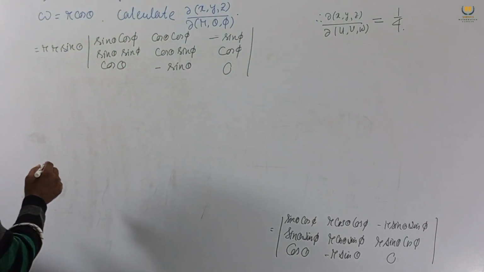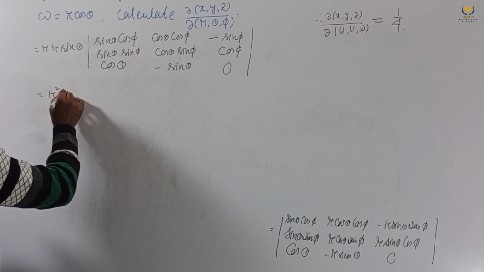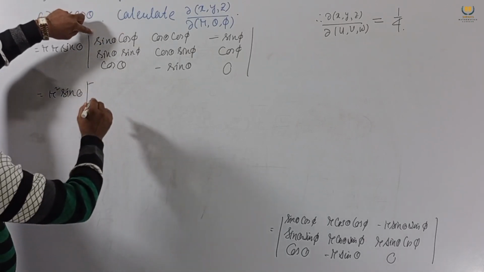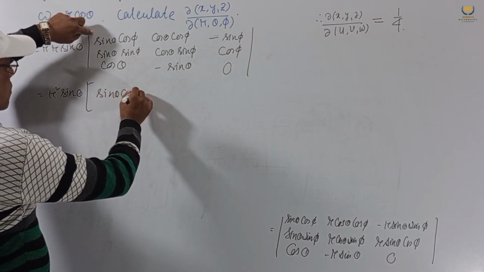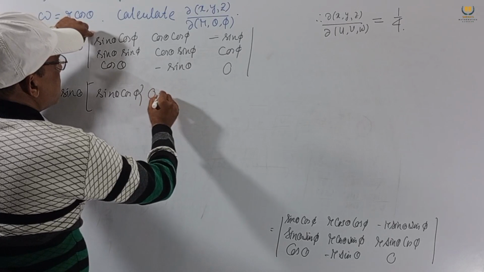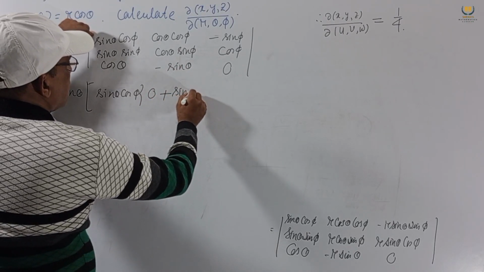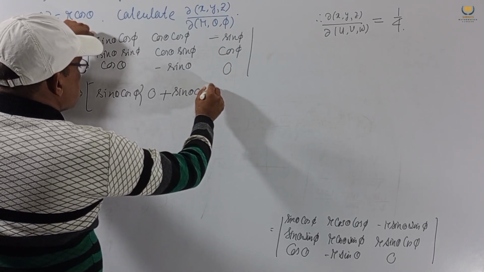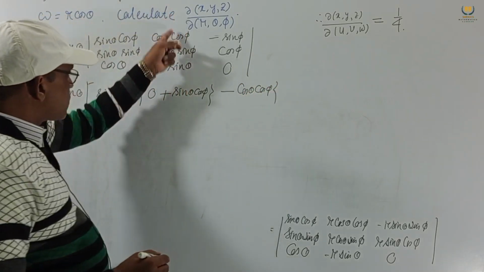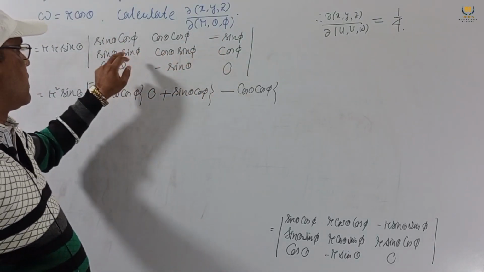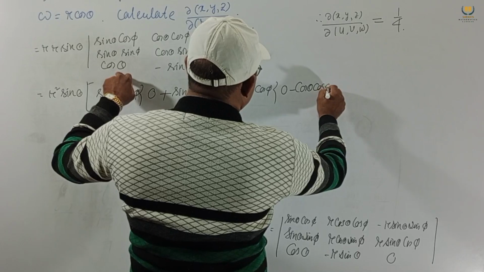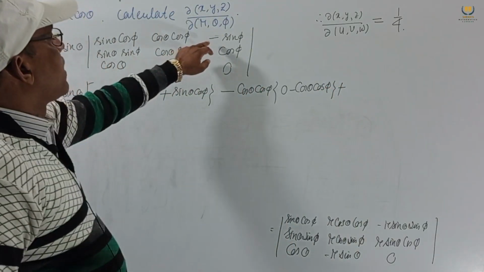Now we expand this. We get r square sin theta, and if we expand this determinant, first we consider sin theta cos phi, this into this into this, so this into this is 0, plus this is sin theta cos phi, this one we get minus cos theta cos phi, then this column cancels, this row cancels, this into this 0 minus cos theta cos phi, plus last one minus sin phi.